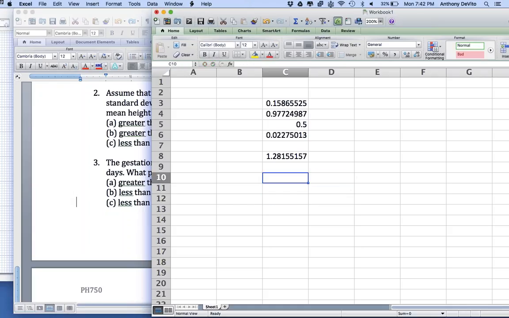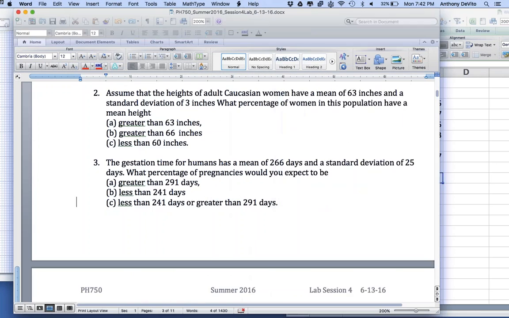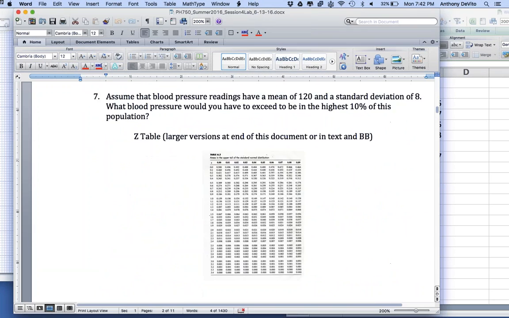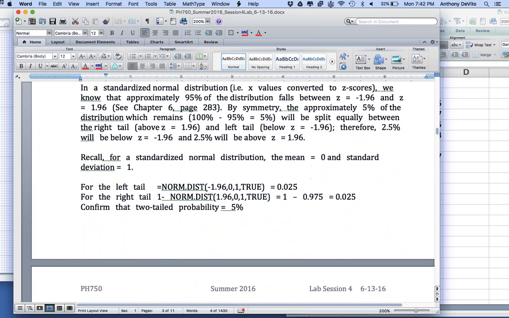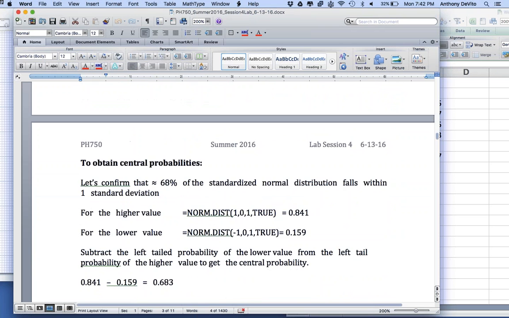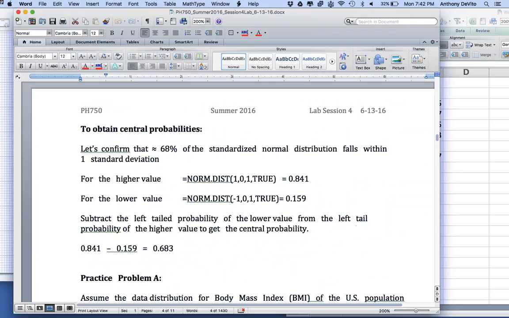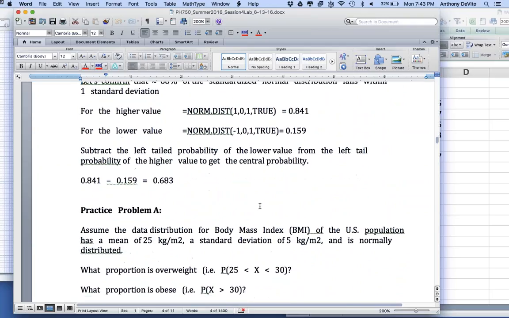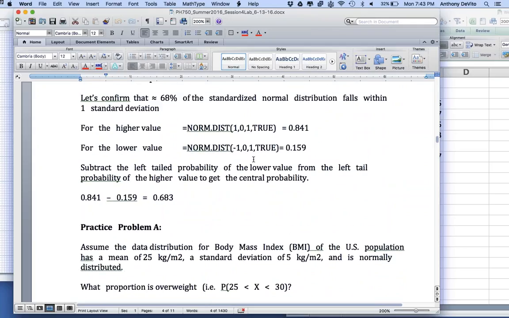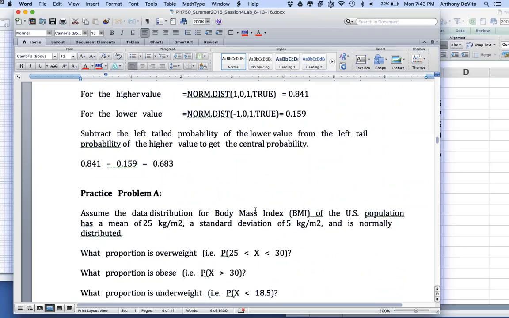Okay, so I'm going to move on at this point to, let's see what else we got here. Okay, right tail, left tail probability. Okay, higher value, no, it's this. 68%. Okay, you'll see some of these other examples that are in here.